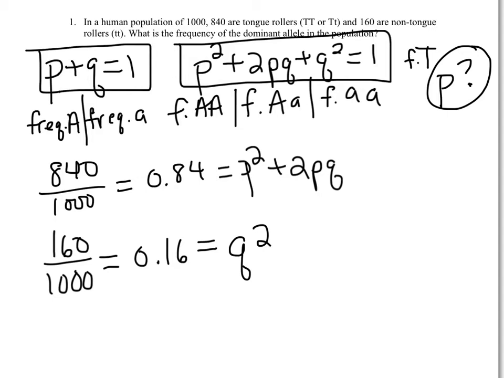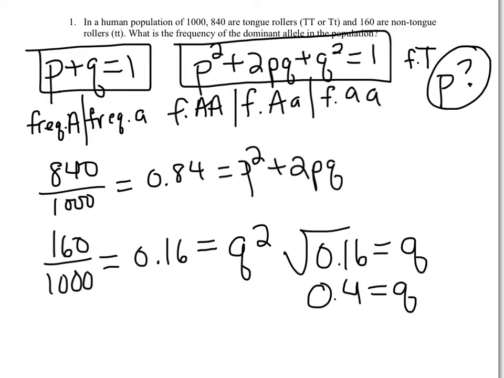So to solve for P, I'm going to solve for Q first because that's easy. So what I'll do is take the square root of 0.16 equals Q, because if you take the square root of Q squared, that equals Q, and then you take the square root of the other side as well. So that's going to say 0.4 equals Q. If we go back, P plus Q equals 1.